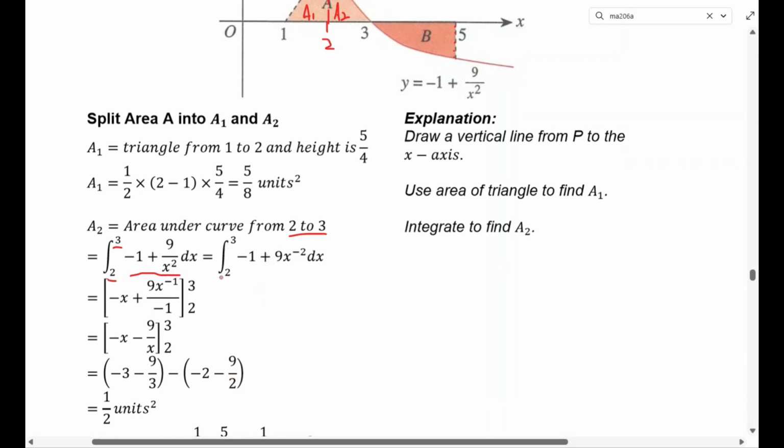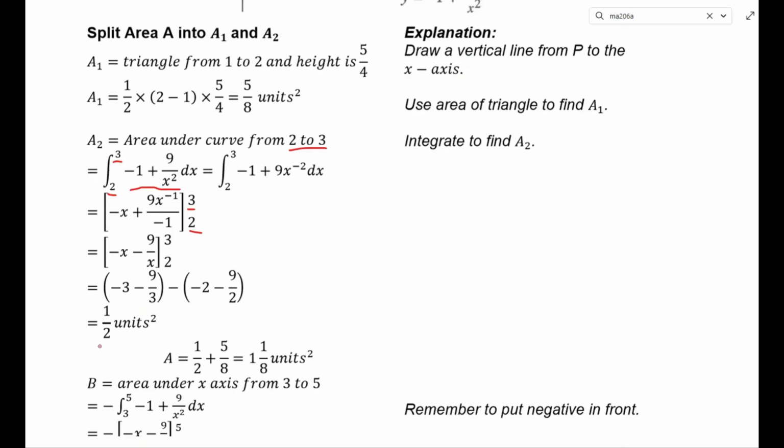Then we just do our usual simple integration to get minus x plus 9x to the power of minus 1 over minus 1 within the square brackets, and then your bounds on the outside of the square brackets. As usual, sub your upper bound in, subtracted by your lower bound. Therefore, you get half unit square for your A2. Now to find your total area of A, we'll just sum up A1 and A2, which will give us 1 and 1 over 8 units square.